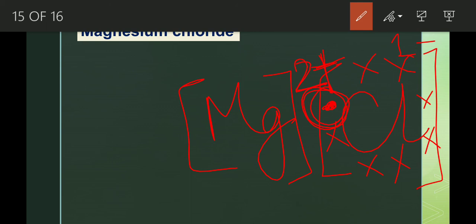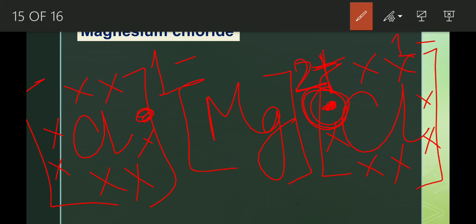As it is gaining an electron, that's why it's minus, electronegative. And the same for this chlorine also. It is also gaining 1 electron from magnesium. That's why this is also 1 minus. These are the non-metals. These 2 chlorine atoms are non-metals, whereas magnesium is electropositive. That's why it's a metal. So an ionic bond or electrovalent bond is formed in this way.